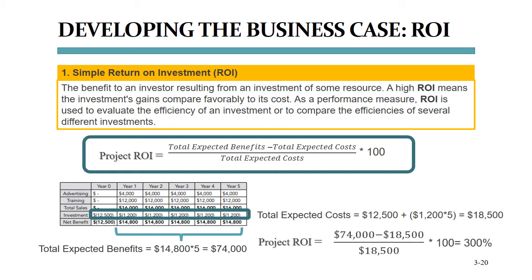So now we subtract the $18,500 from the $74,000, which makes $55,500, and divide those by $18,500, and then we end up with a return on investment of 300%. That's not too shabby, is it?